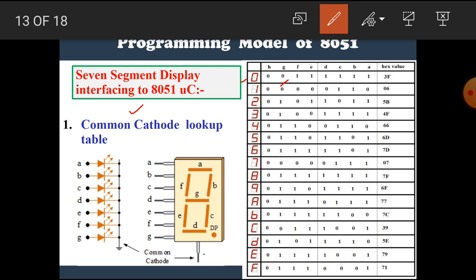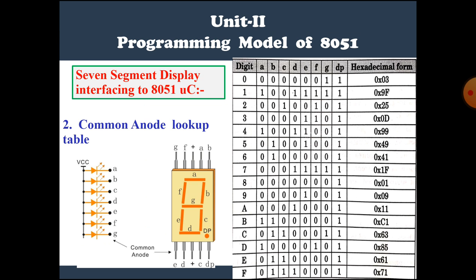Segment H means this DP pin. That means if we want to glow 0, then this LED should be off. For that purpose, this LED is connected to 0 and H is connected to 0. If we want to display 1, then B and C should be 1. This is illustrated previously.